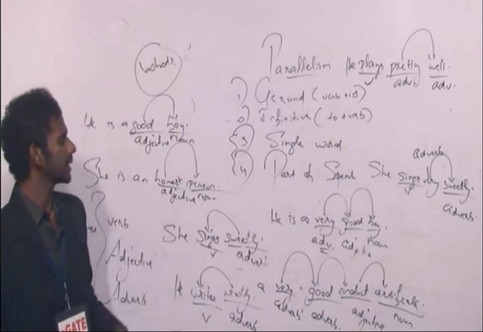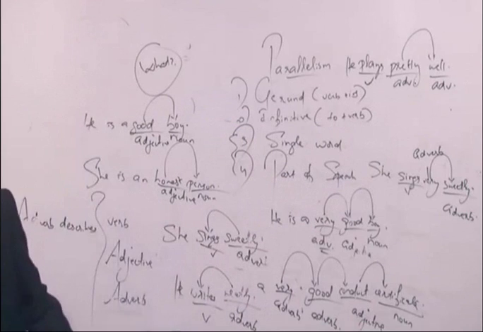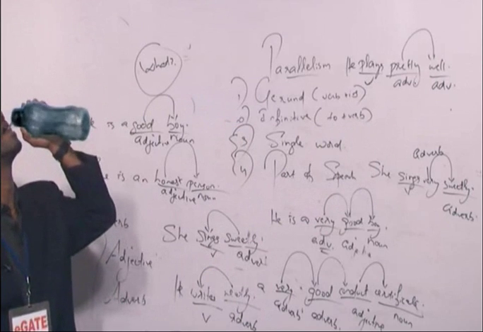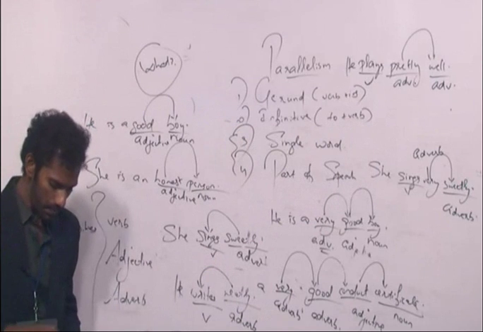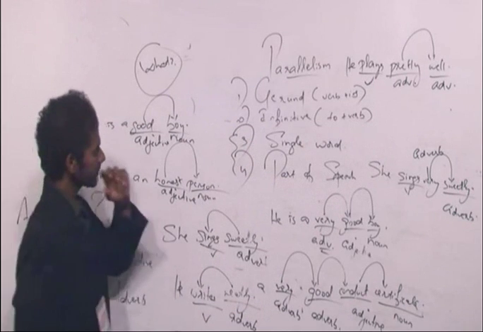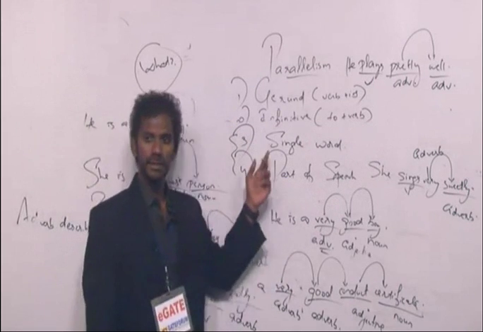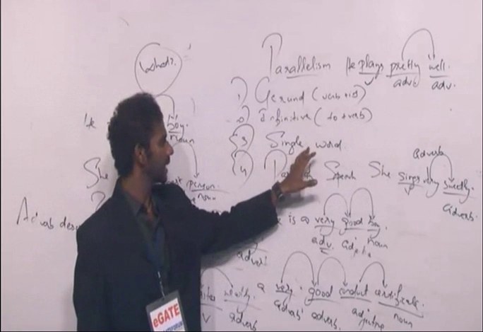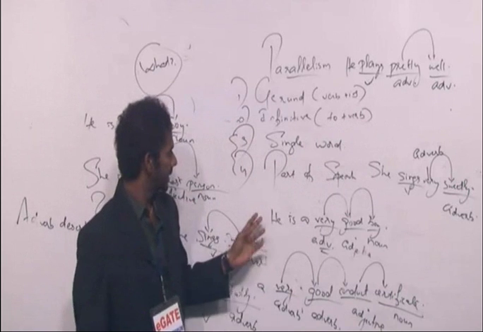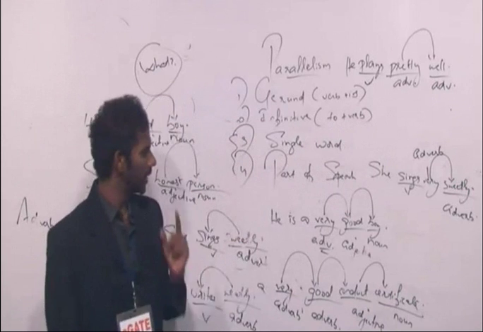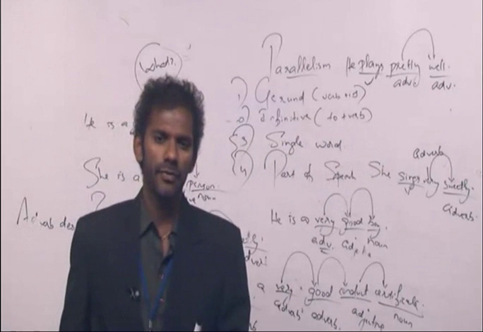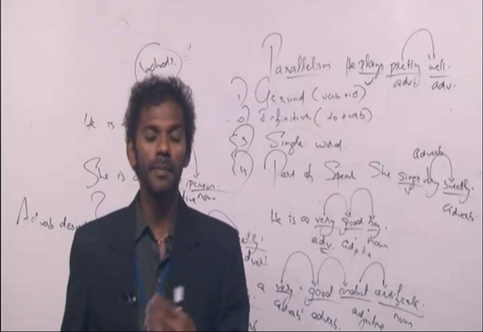Now come back to the concept of parallelism itself. As I said, these two concepts in parallelism, single word and part of speech, must be taken together. Clear? And as I said, if one idea is a single word, all the others must also be single words. Similarly, in the case of single words, we have to look for part of speech.